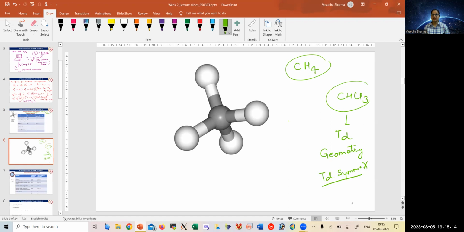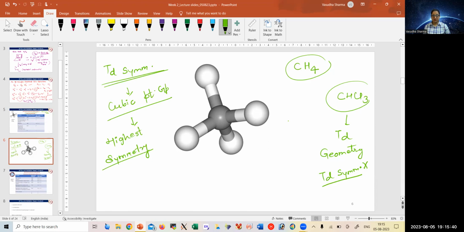Here we are saying CH4 has both tetrahedral geometry as well as symmetry. But here we are talking about tetrahedral symmetry. This comes under a cubic point group, which has the highest symmetry. So they are very symmetrical in nature.